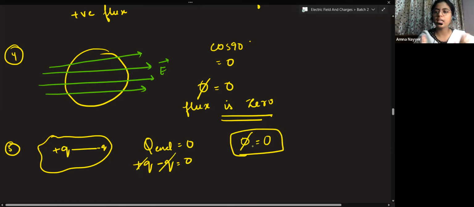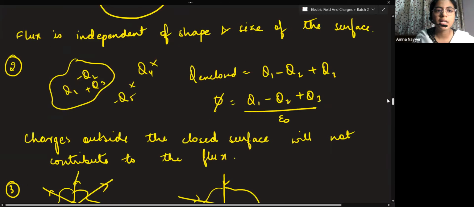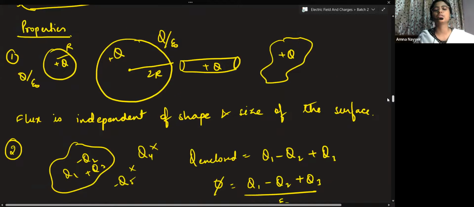All the points are clear, all the properties. Any doubts in this? No, ma'am. All right. If you have any doubt, just ask me. Otherwise, just note down the properties of Gauss law as well.